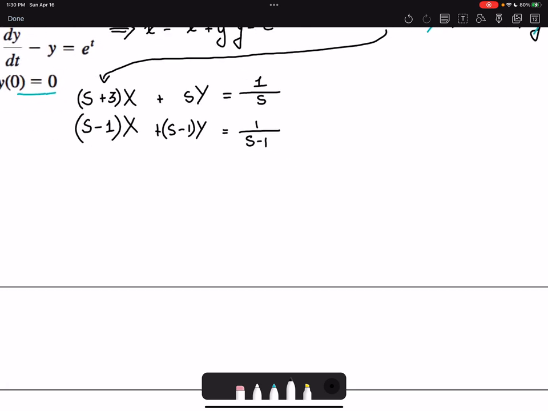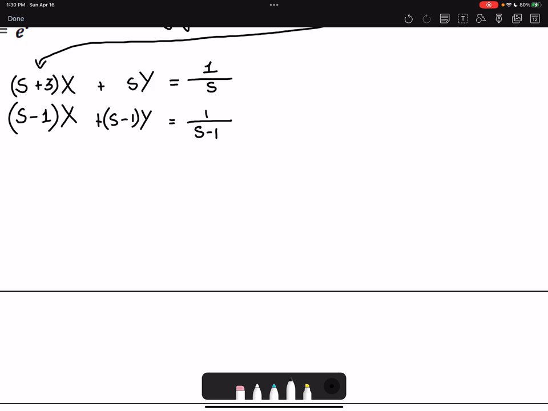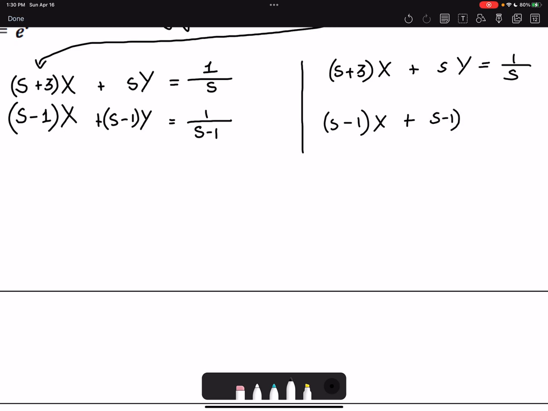Okay, so let me rewrite this whole thing on here as well, because I'll show you what I do in a second. So we have this equal to 1 over s, and s minus 1 X plus s minus 1 Y equals 1 over s minus 1.